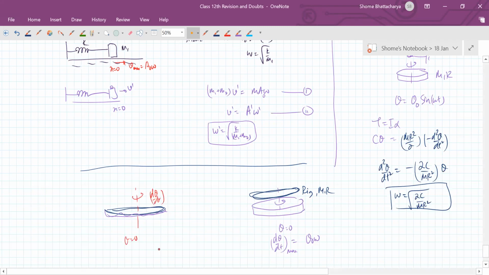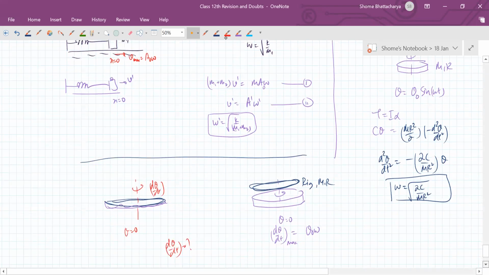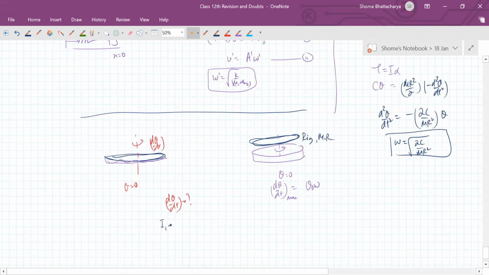Theta is 0 at that instant, but that d theta by dt will be such that your new I, that is I1 plus I2, into this new value of d theta by dt should be equal to your original I into theta naught omega. So this will be (mr square by 2 plus mr square), disk plus ring, into the new value of this, should be equal to mr square by 2 into theta naught omega.